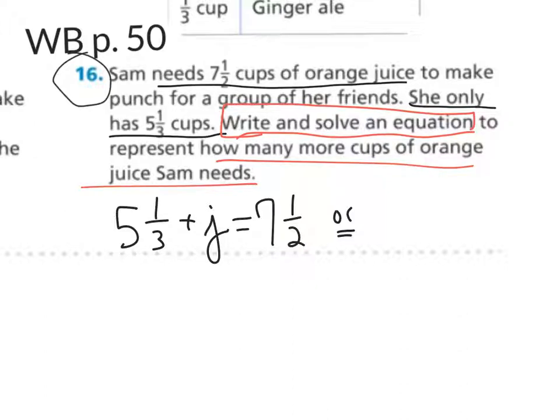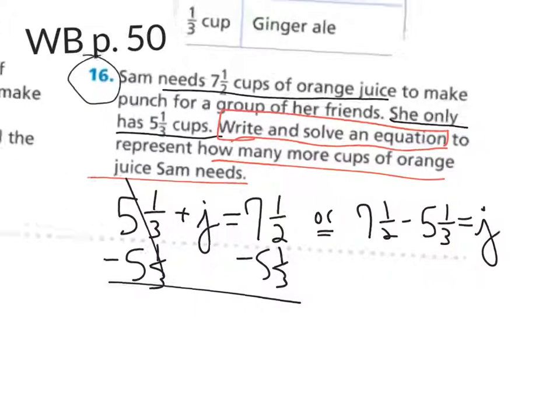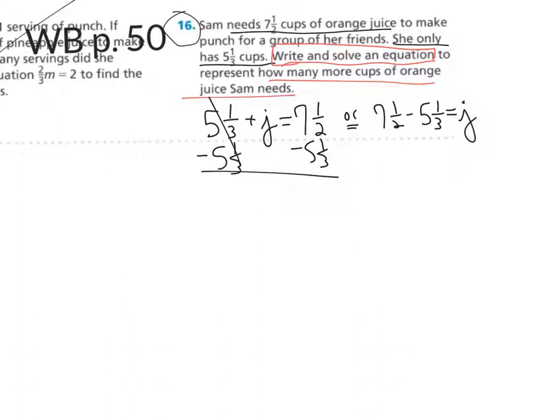Another option, if you just thought, oh, I just need to subtract them to get the answer, that's fine. To make it an equation, though, we could say 7.5 minus 5 1/3 equals J, or whatever your variable is. If you did the first equation, you can see they're adding, so you could subtract. And just like we've been doing, we would have to get a common denominator for that.